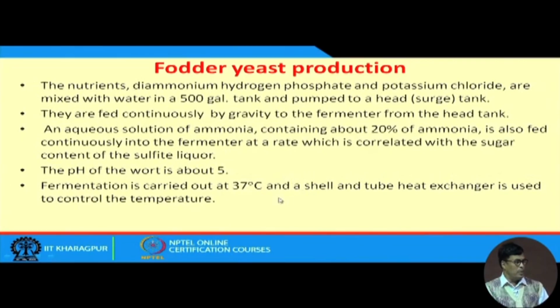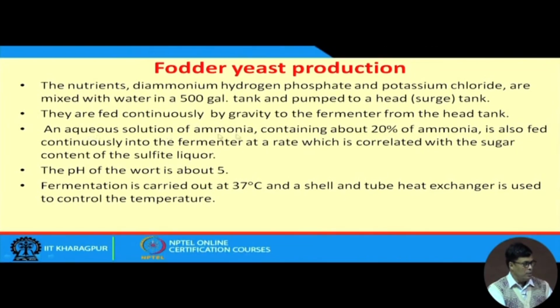The nutrients, disodium hydrogen phosphate and potassium iodide, are mixed with water in a 500 gallon tank and pumped to the head tank, the surge tank, because the surge tank is located at a higher level. They are fed continuously by gravity to the fermenter from the head tank.